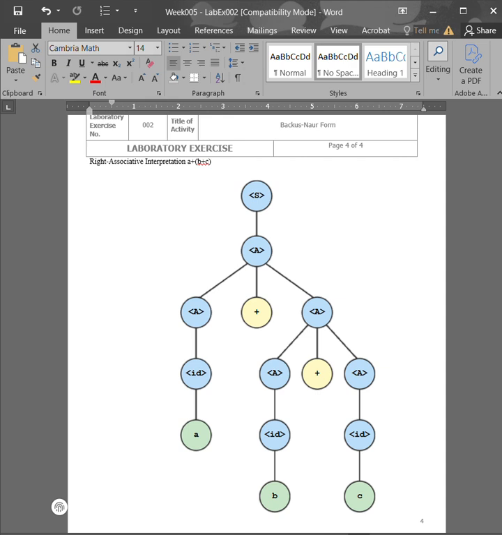This ambiguity is problematic for programming languages because the compiler wouldn't know which interpretation to use, potentially leading to different results. So, therefore, this grammar is definitely ambiguous and would need to be rewritten with explicit associativity rules to be effective in programming languages.